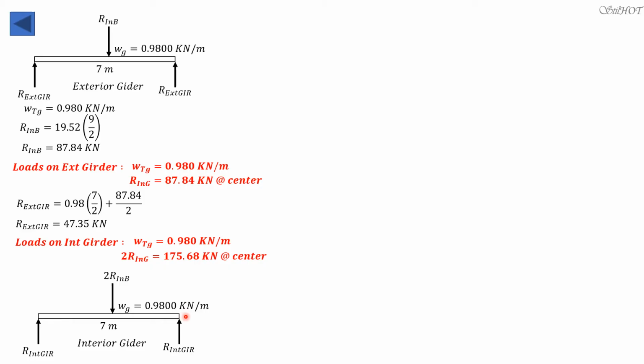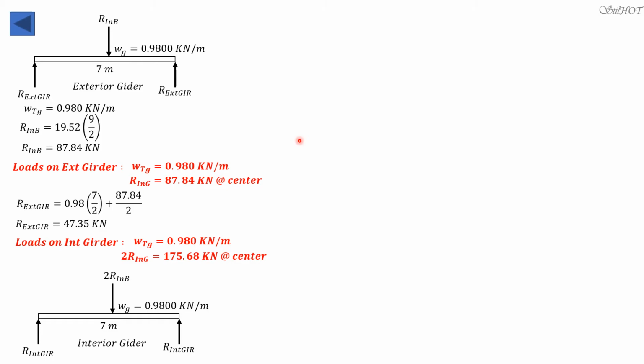So if this is the interior girder, this is the uniform load 0.98, then we have 2 times R internal beam, which is equal to 175.68 kilonewton.